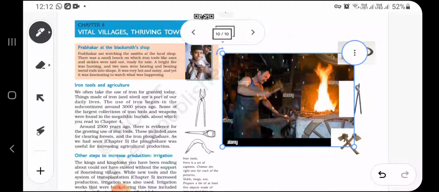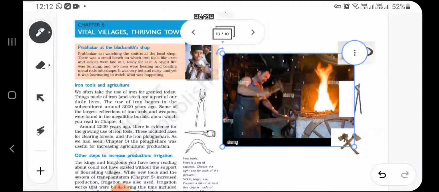With that doubt, he wanted to know about that. So this chapter gives him clarity. Okay, so you also will get clarity from this chapter.